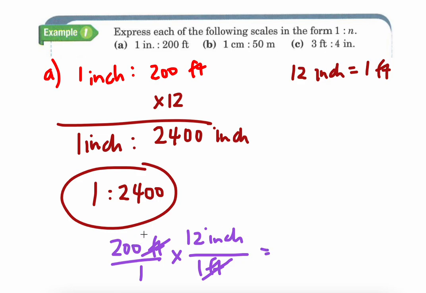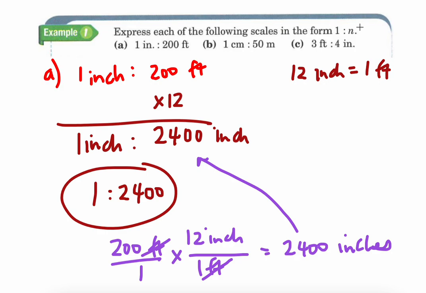And then I know, okay, I have to multiply them together to get 2,400 inches. That's if you get kind of confused, like I do sometimes, about whether I'm multiplying or dividing. Remember, you can always use your conversion factors to figure out your answer. You can also get your 2,400 inches that way.